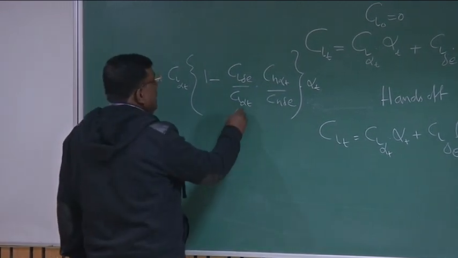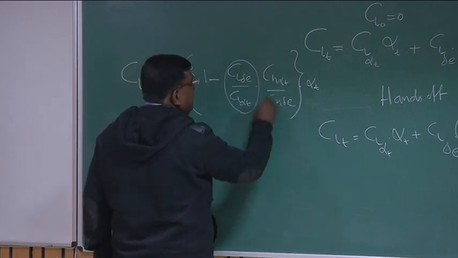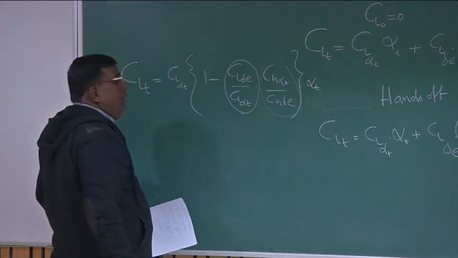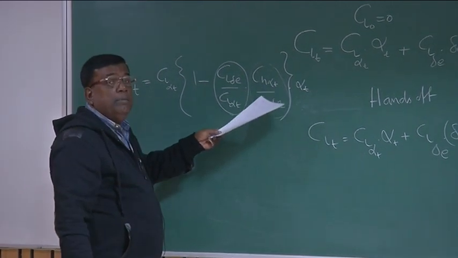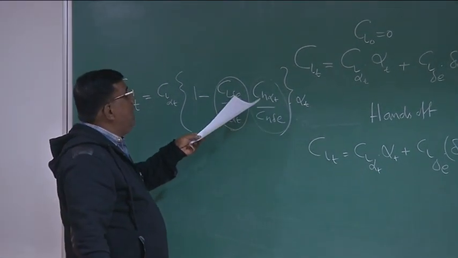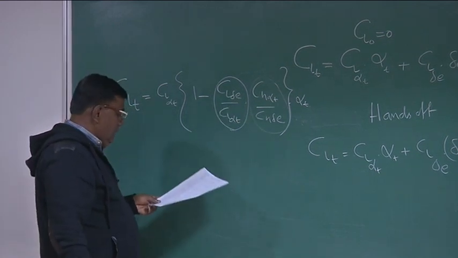And what is CL delta E by CL alpha T, and what is CH alpha T by CH delta E? We should not forget that these are related to hinge moment properties, and these are with the elevator tail combination, that property. Okay?